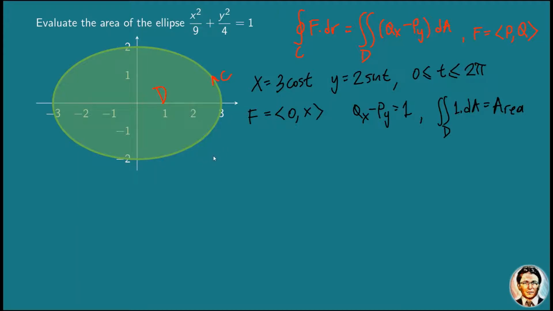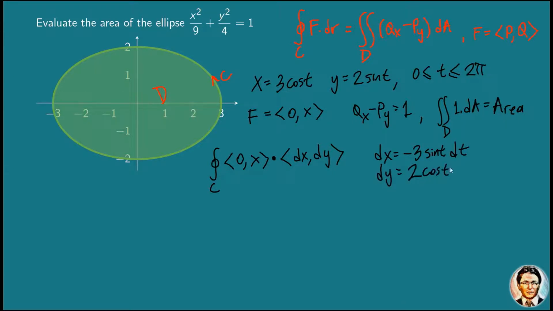So the area is equal to the line integral over this curve of F dot dr. We said F is (0, x), and remember r is (x, y). So use the parameterization. x is 3 cosine t, then dx will be negative 3 sine t dt, and dy will be 2 cosine t dt.